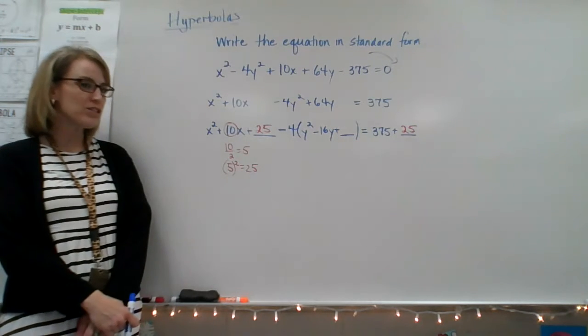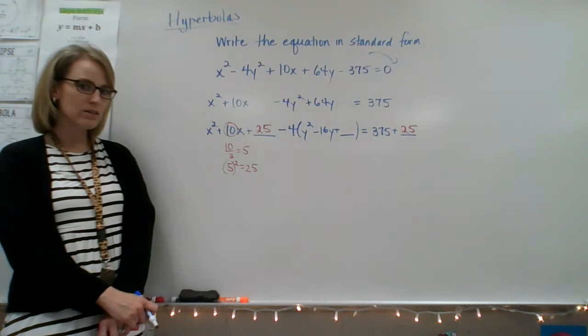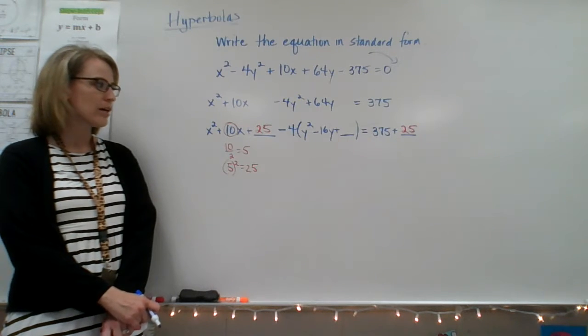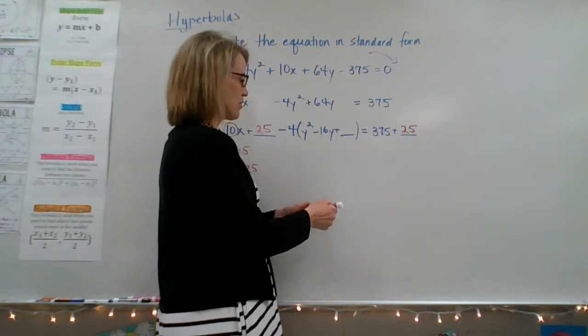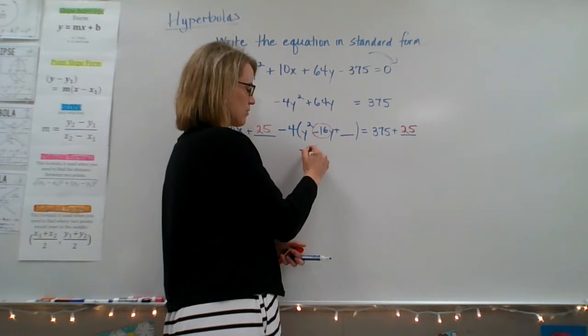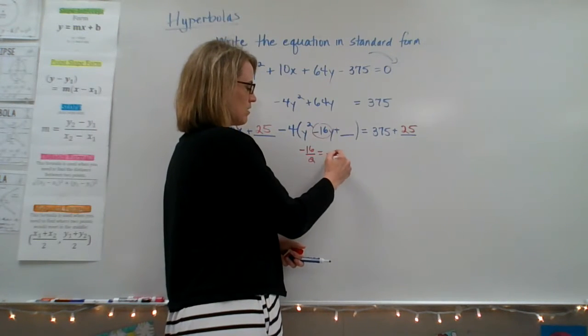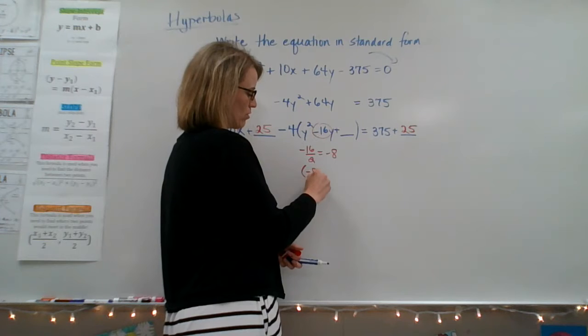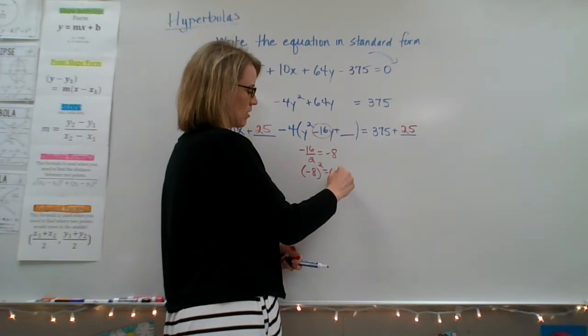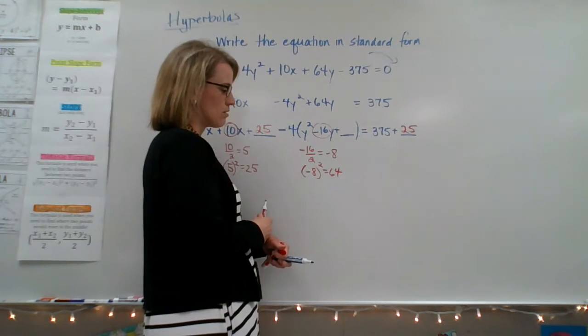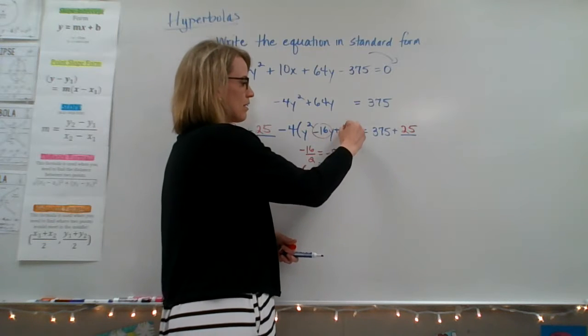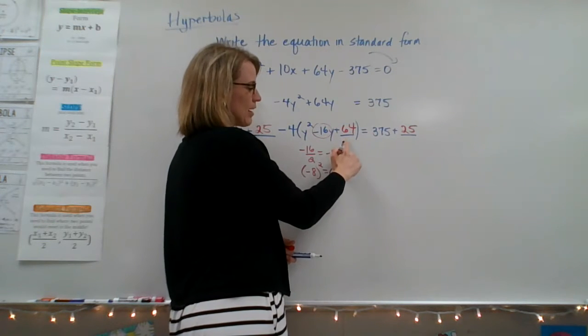All right, so once you've done that, you are ready to complete the square with that particular part. So we want to take half of our middle term again. So half of negative 16 is negative 8. Then we want to square that term. So that becomes a 64. Now, inside of the parentheses, we are adding a 64.